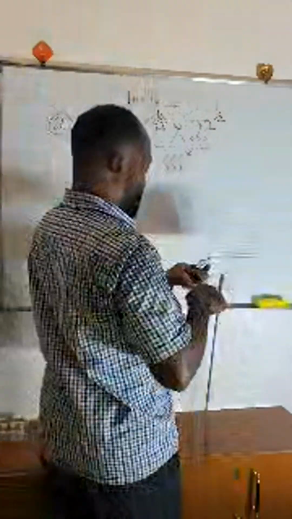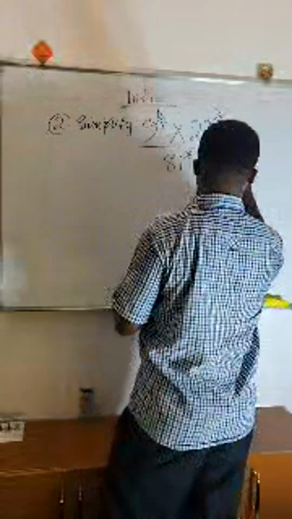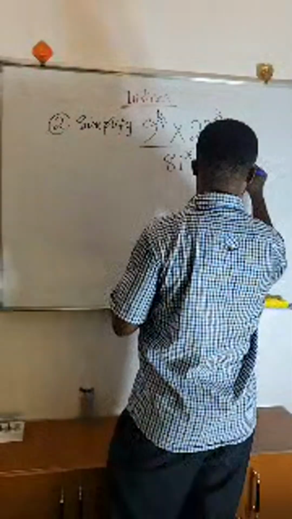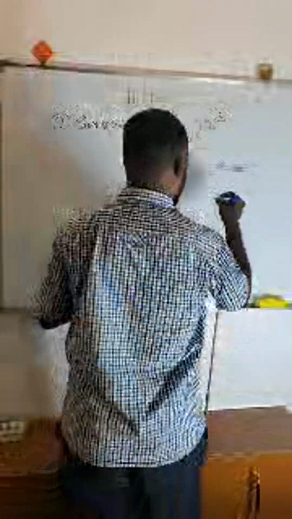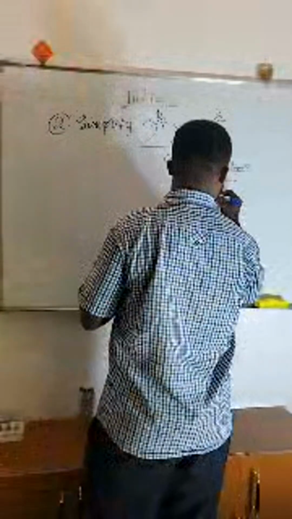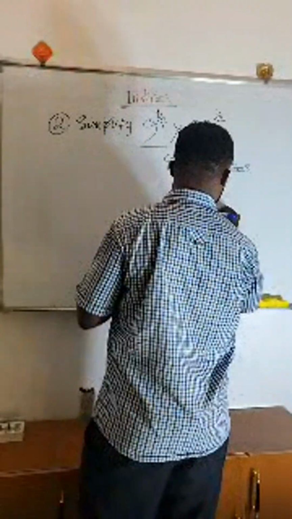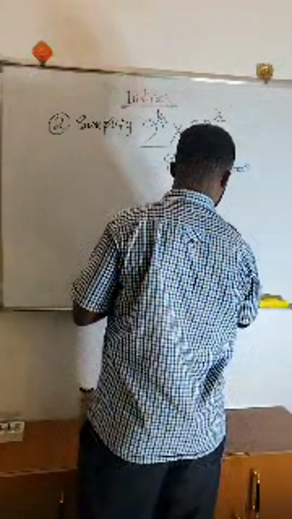So these are the options. Okay. Let me write down the options for you. Option A, B, C, D, and E.